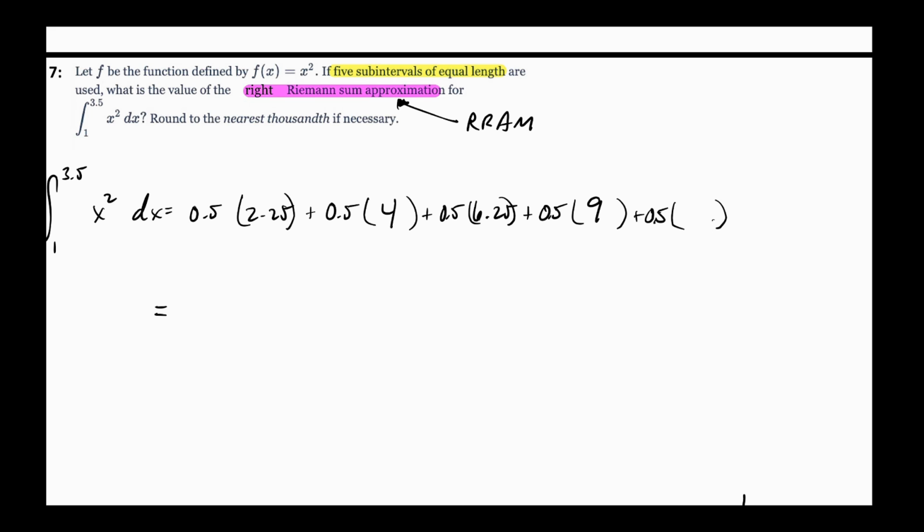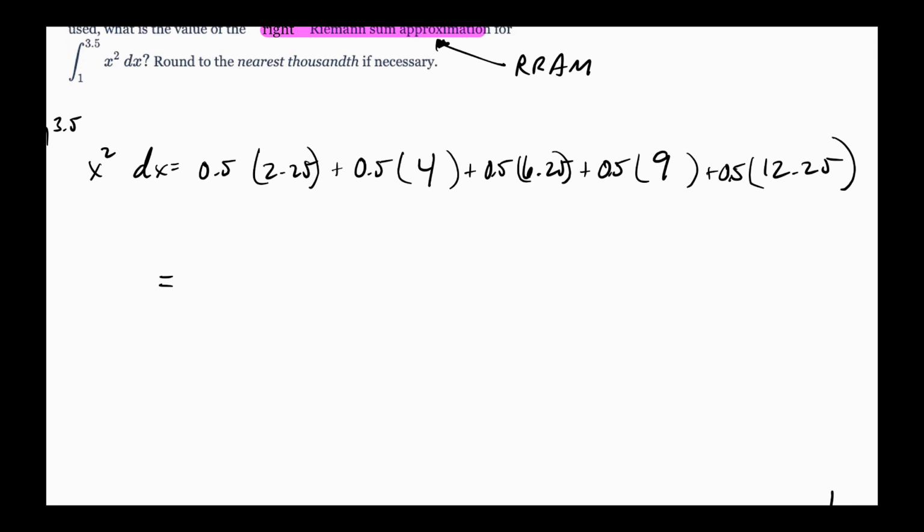So 3.5 squared is 12.25. So now we add up, multiply and add up. And I get 16.875.